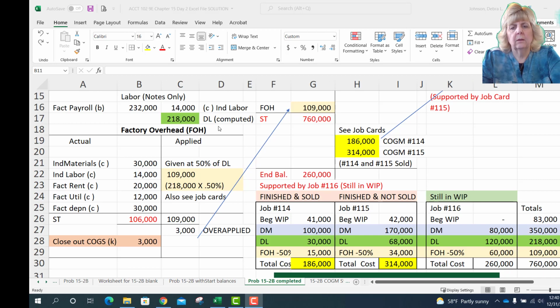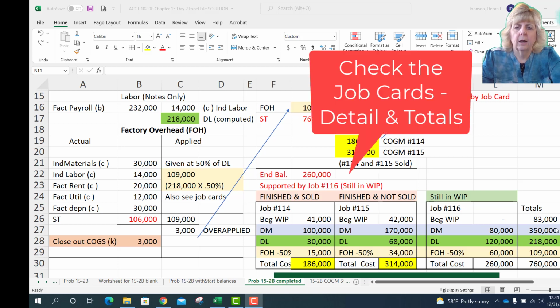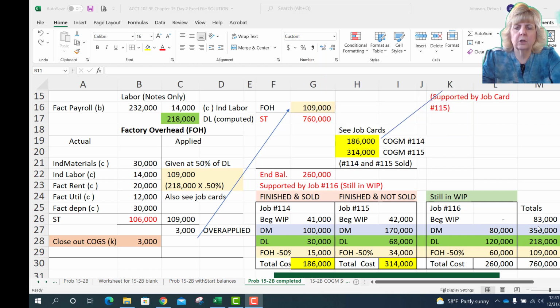This is a fairly long solution, so you may have to pause and rewind the video to make sure that you captured everything. Here are those job cards that we previously took a look at. Taking a look at the right-hand side over here, you'll see that each of these totals support one of the 3 product costs making their way through the balance sheet.